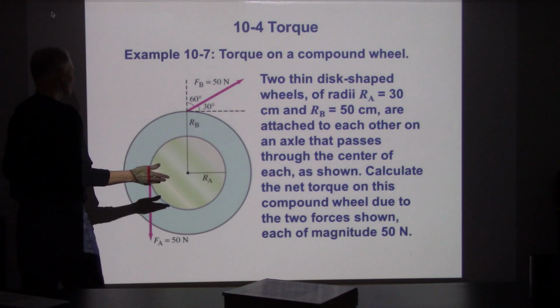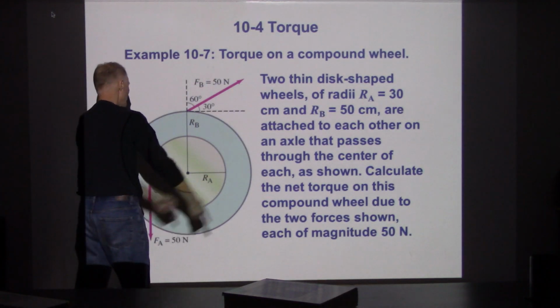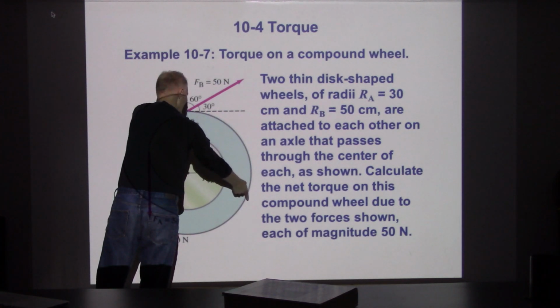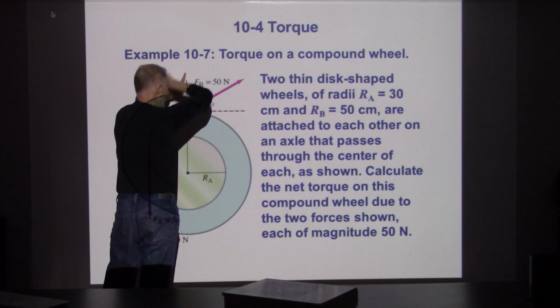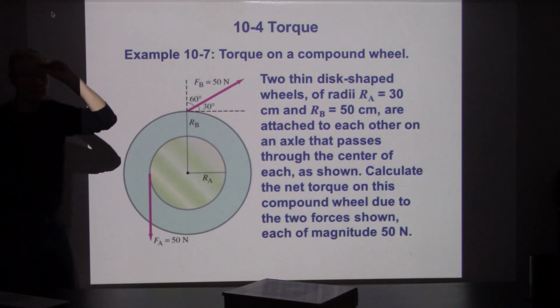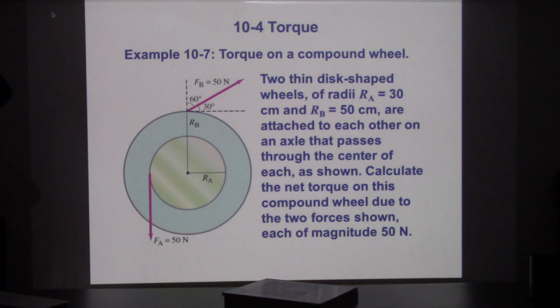If we use a standard convention, rotations in this direction would be positive. That's like this is the x-axis and this is the y-axis, and these are positive angles. And then these are negative angles, so that would be a negative rotation. But again, it's up to you in a problem which direction you call plus and minus. But you've got to be able to identify if the torques are working together or opposing each other.